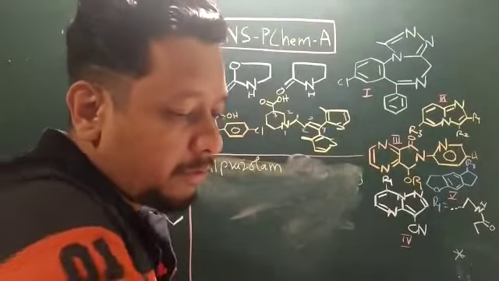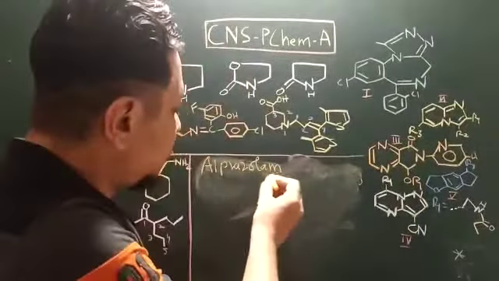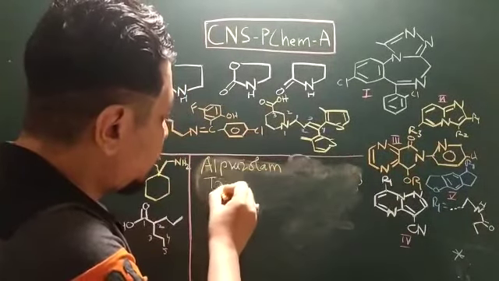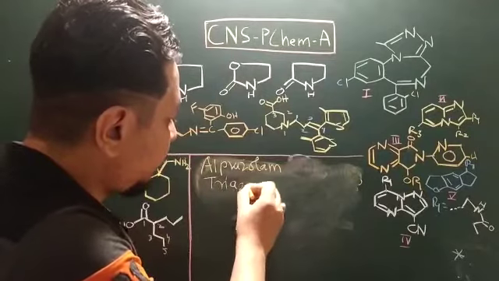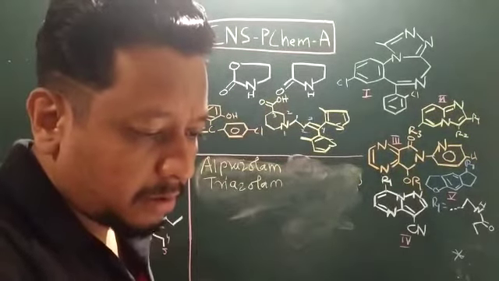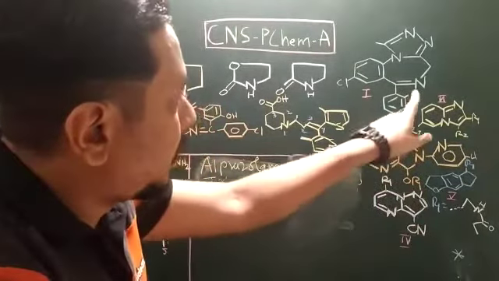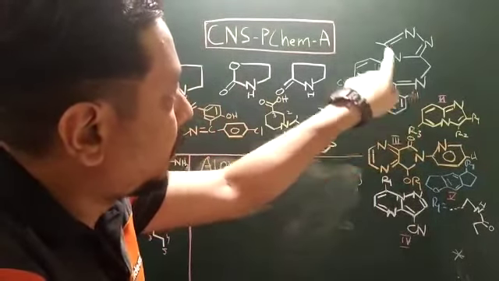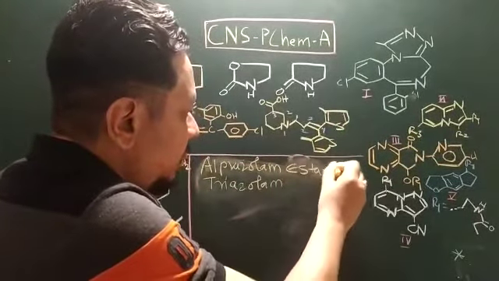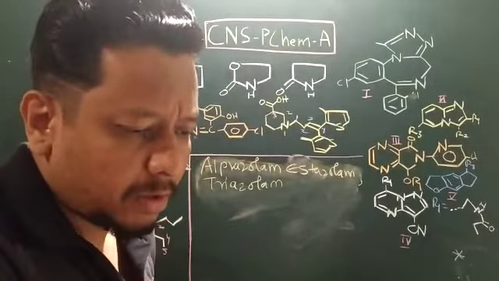If you introduce one chlorine over here, it becomes the next drug under the triazolobenzodiazepines, known as triazolam. And without the methyl group that is in alprazolam, it is known as estazolam. These are the things that are important to know.